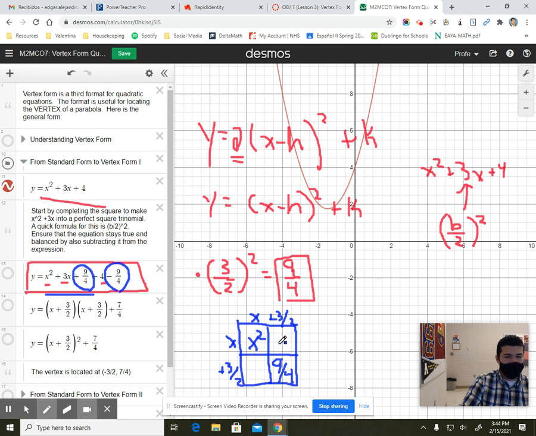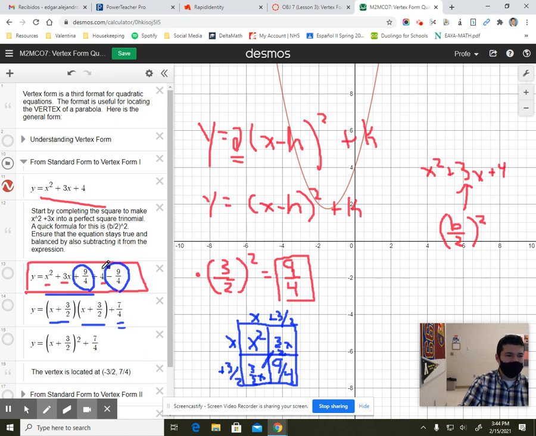Which gives me 3 halves x plus 3 halves x, which combine to give me 3x. 3 halves plus 3 halves is 3. So what I have now is (x plus 3 halves) times (x plus 3 halves) plus 7/4.